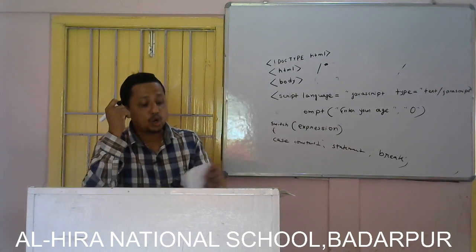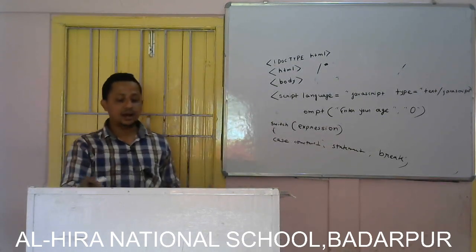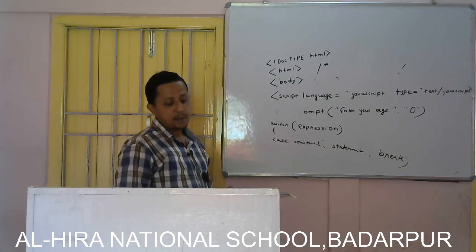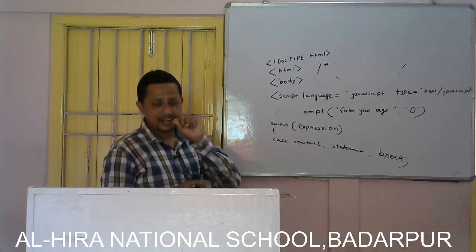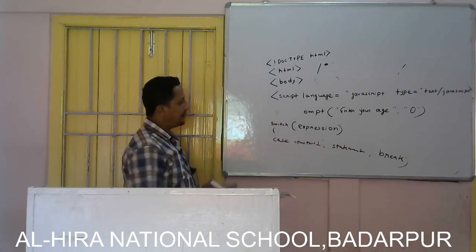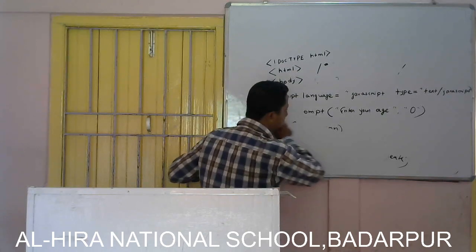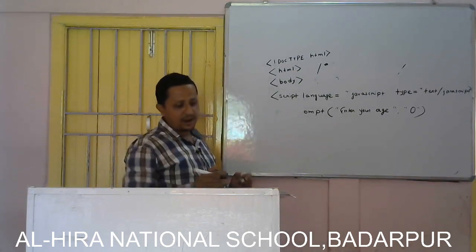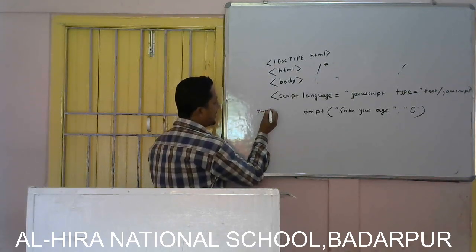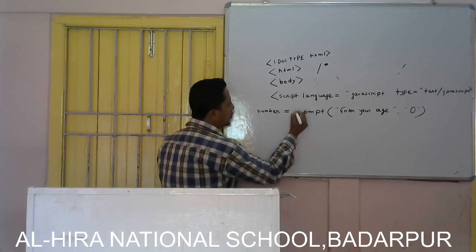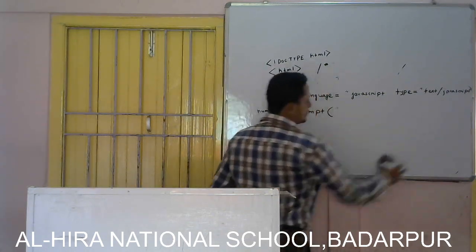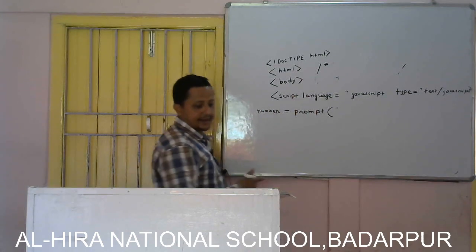Okay, let me show one example to you. It is a very interesting example. In your book, it is there, page number 124, figure number 6.23. See, here I have written: number is equal to prompt, enter a number.